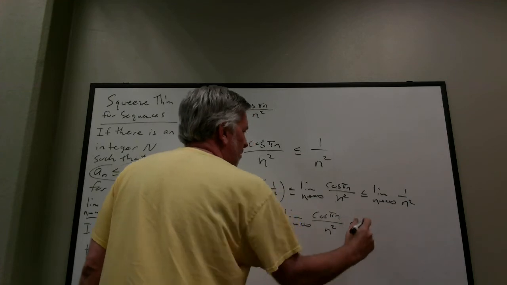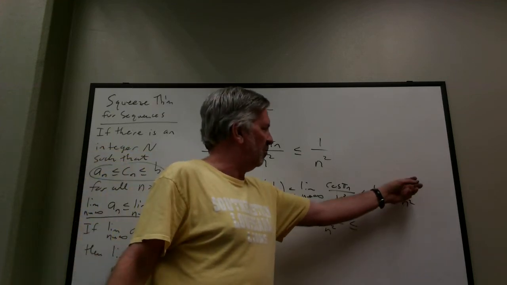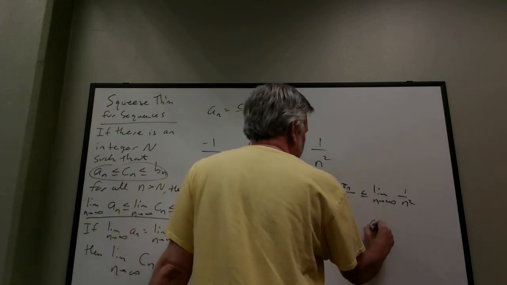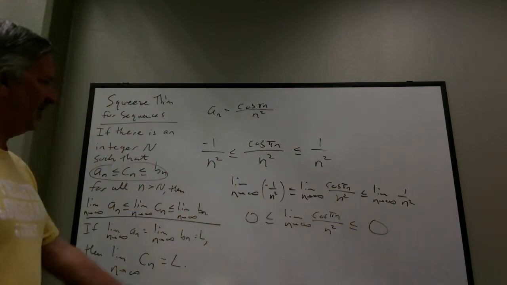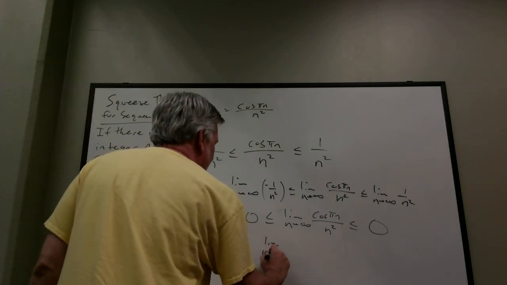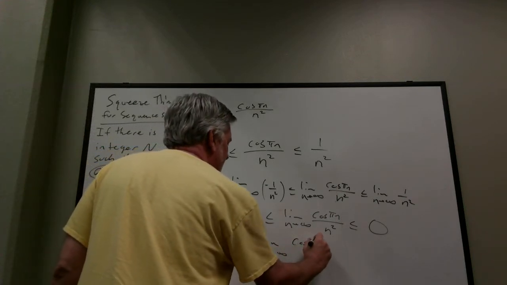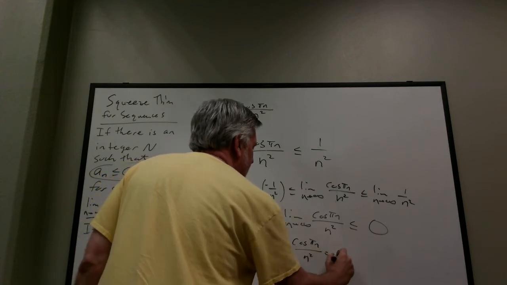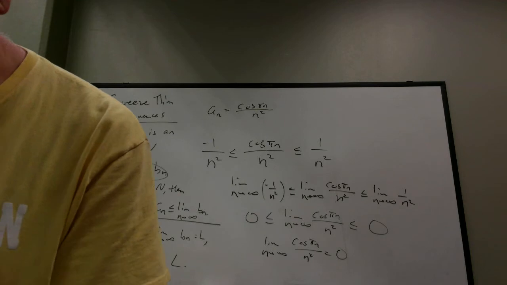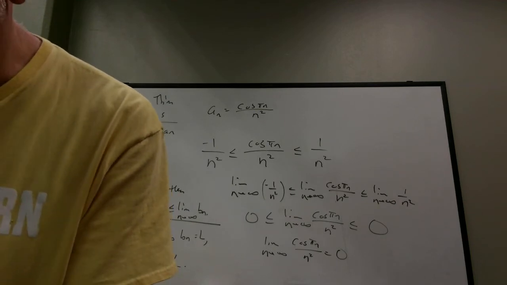And let's do the same thing over here. Well, when n gets huge, 1 over 100, 1 over a trillion, whatever, that's going to 0 as well. So notice I have the limit is trapped between 0 and 0. So what's the conclusion? The limit of this sequence is also 0 by the squeeze theorem. Okay? So it's a determine convergence or divergence.